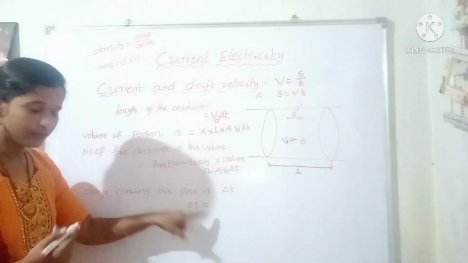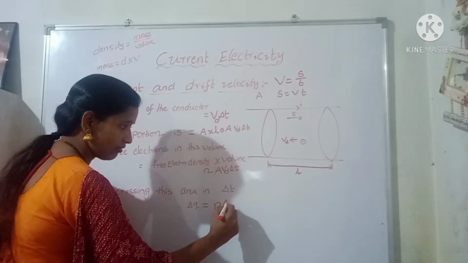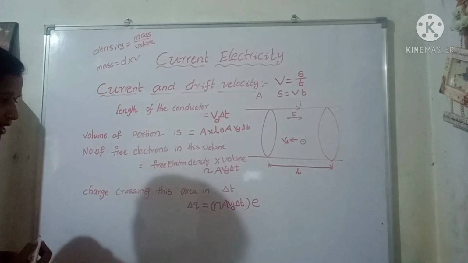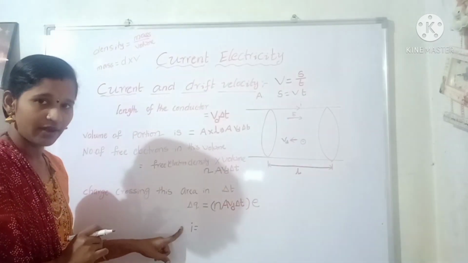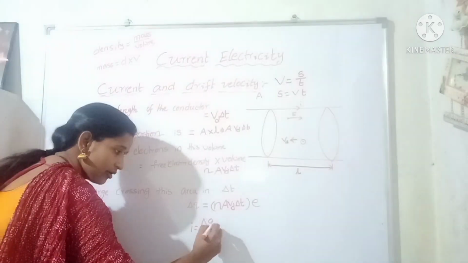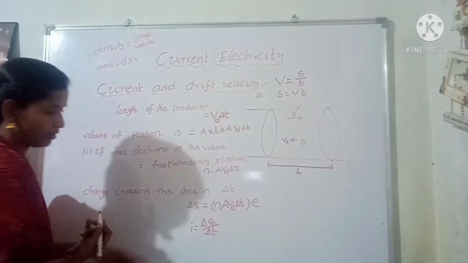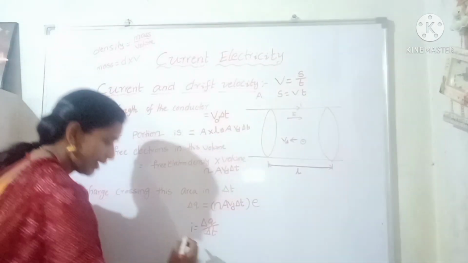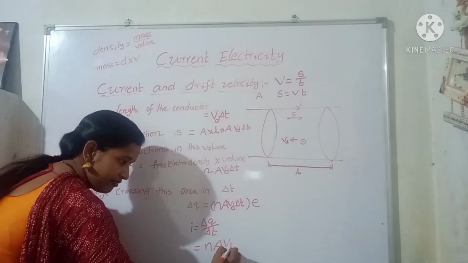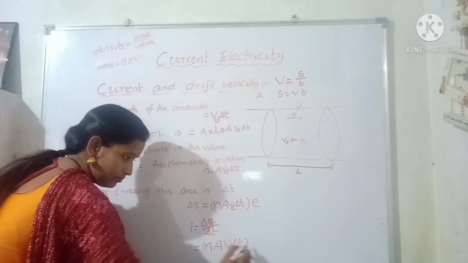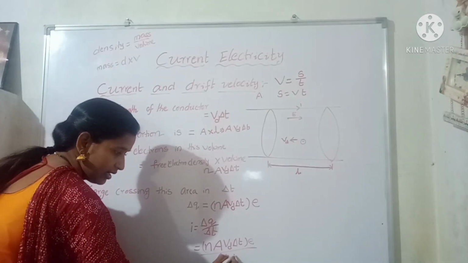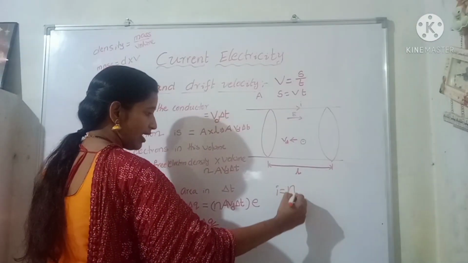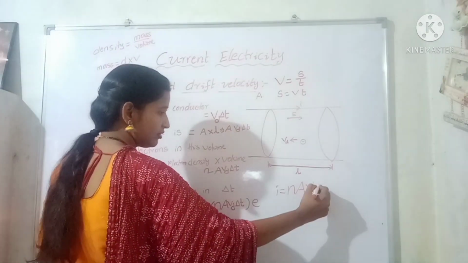Delta Q equals N A Vd delta T into e, the charge of an electron. The current formula is I equals delta Q by delta T. Substituting Q, we write N A Vd delta T into e by delta T. Delta T cancels, so the final equation is I equals N into A into Vd into e.